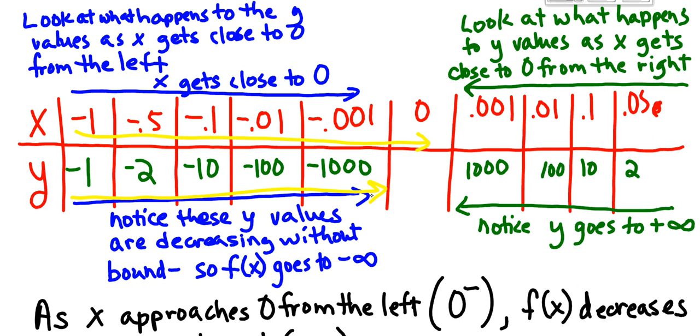So f of x, which is the other name we give y, goes to -infinity. So as x goes to 0 from the left, and sometimes we're going to put a little negative there from the left side, then the y values, or f of x, is going to -infinity.